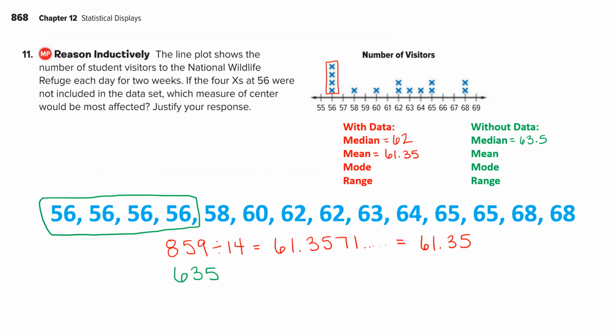Now we don't have 14 pieces of data anymore, we only have 10. We don't need a calculator for this because we know when we divide by powers of 10, we simply move the decimal point 1 space to the left, which is 63.5. So our mean is 63.5.